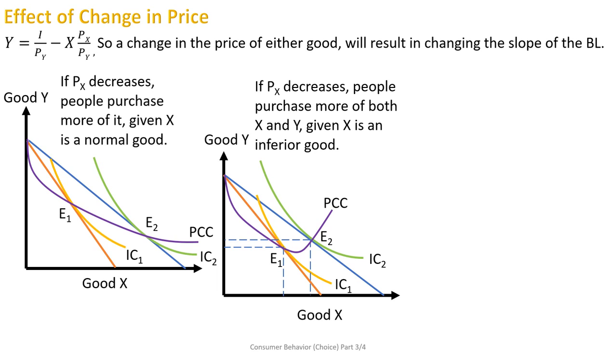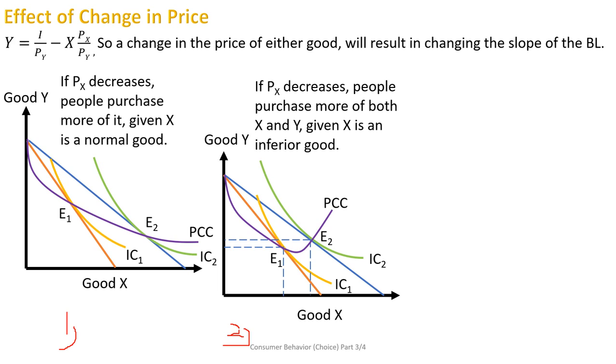However, here there is a big difference. If you look at the first diagram, there is a very large change in the quantity demanded of X. However, in this presently drawn diagram, there is a small change in the quantity demanded of commodity X. In fact, the higher resources because of the decrease in the price of commodity X were spent on purchasing more of both goods.